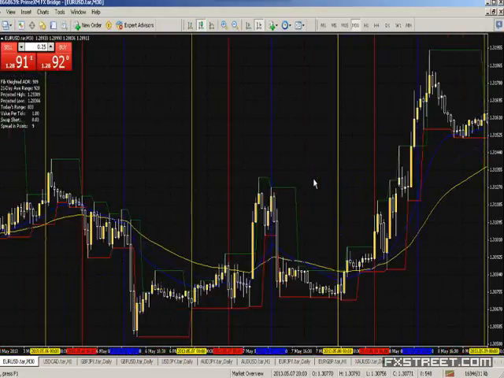Alright, now we've talked about when we are supposed to jump in and take a breakout, when we are supposed to do partial profits, and when we are supposed to expect a more sustained breakout.